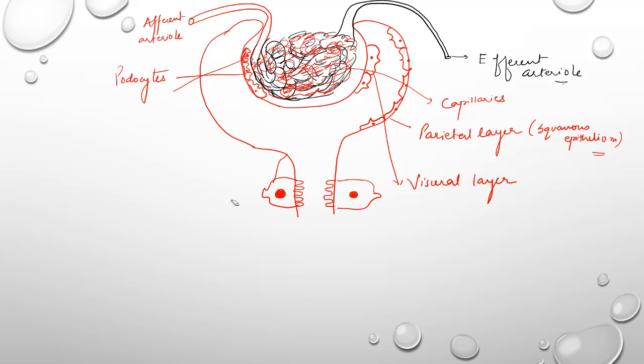Now I'll write it here. The parietal layer is outer and the visceral layer is inner.